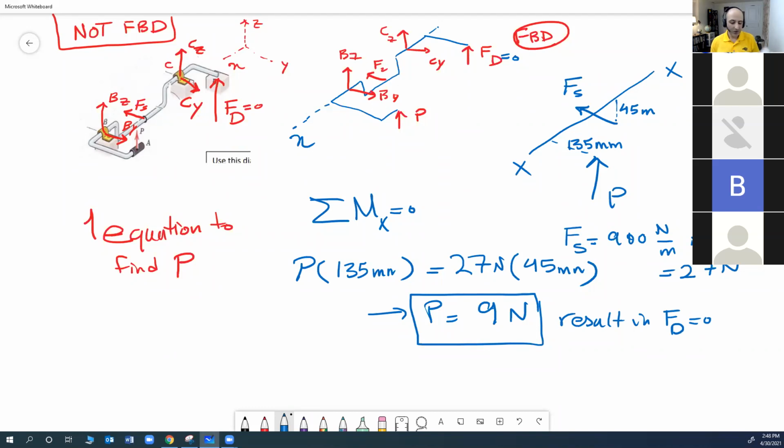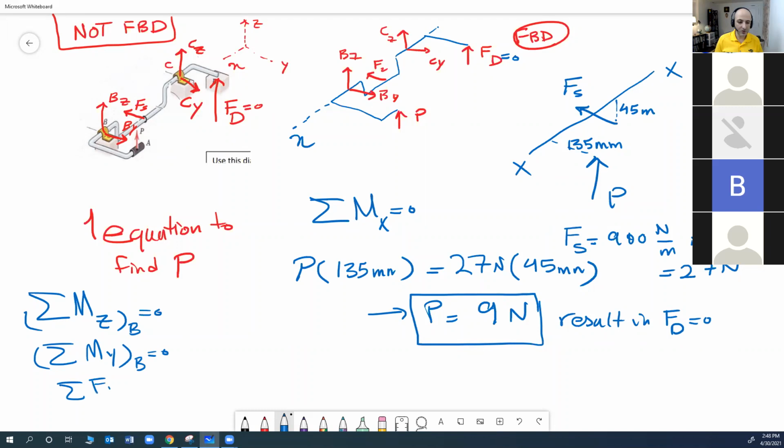Okay, so we can go over the rest of it to find BZ and those, but those are pretty easy. I can give you the equation. You can take moment about axis Z at point B equals 0, and then take summation of moment about Y at point B equals 0, and after that just summation of Fy and Fx, and you can find all the other 4 unknowns.